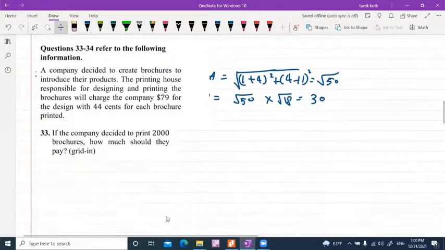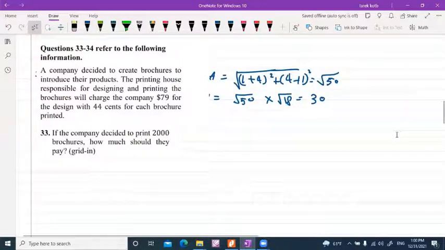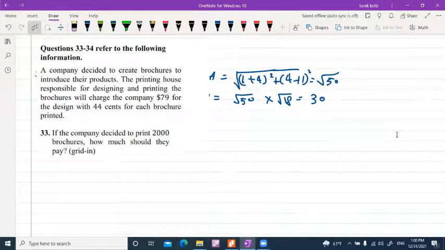A company decided to create brochures to introduce their products. The printing house responsible for designing and printing the brochure will charge the company $79 for the design, with 44 cents, this is cent and this is dollars, for each brochure printed.